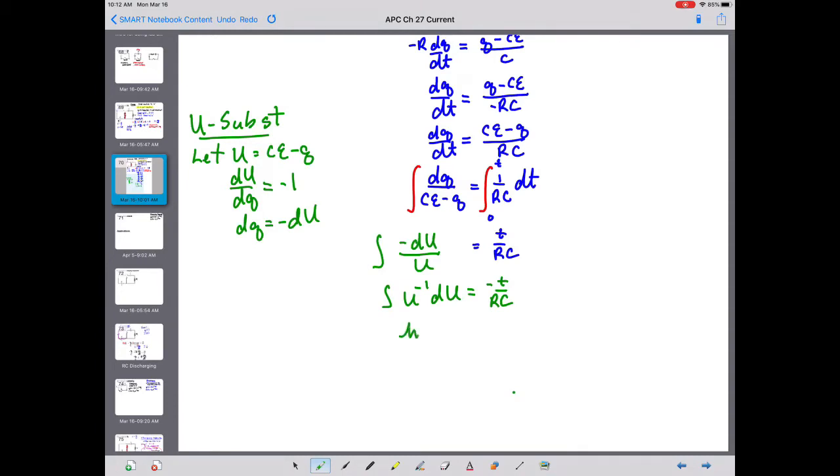Now when we integrate that, we're going to get the natural log of u, and that's equal to negative t over RC.